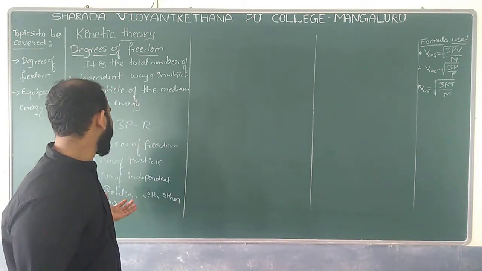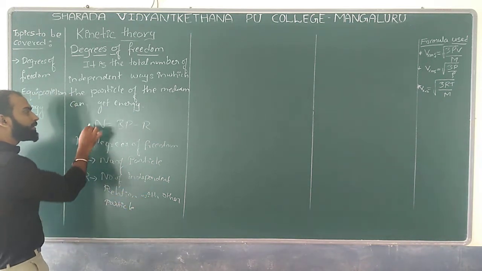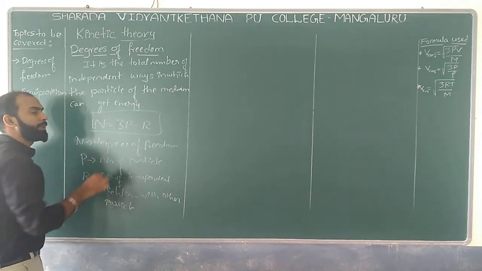So this is what exactly we can expect. This is the basic formula we are supposed to consider over here, that is n equals 3p minus r.